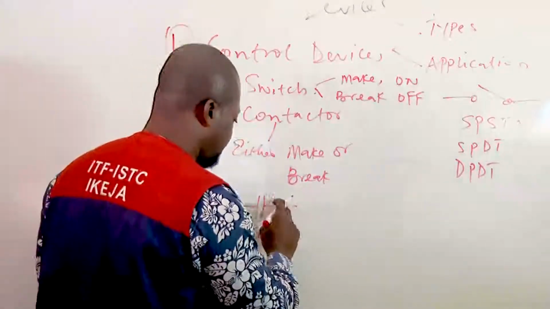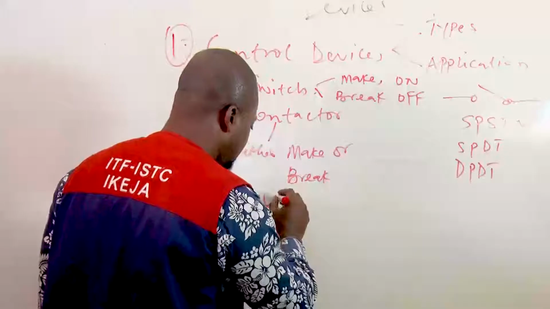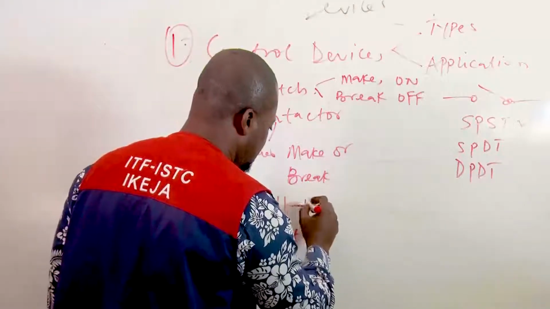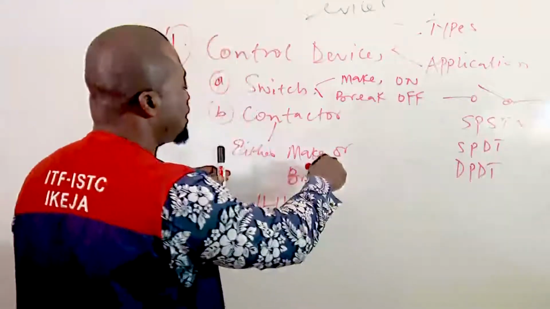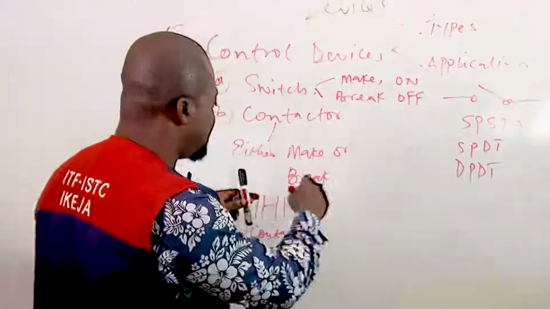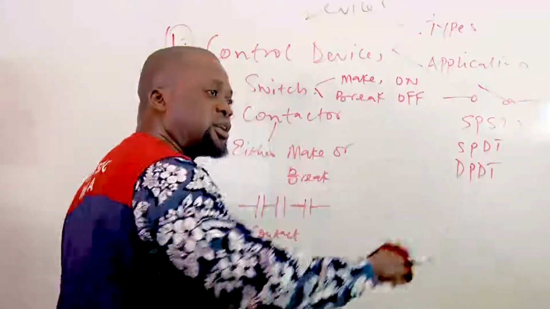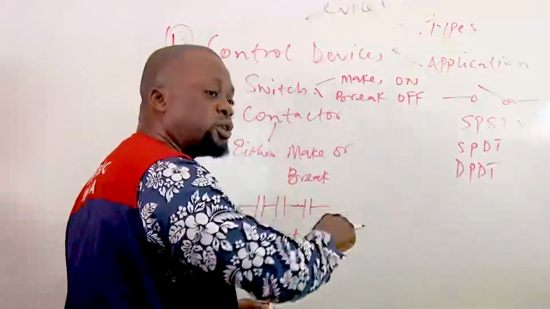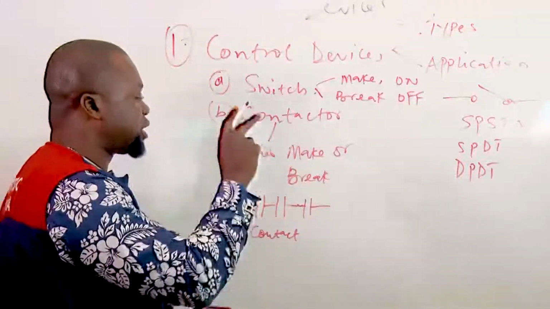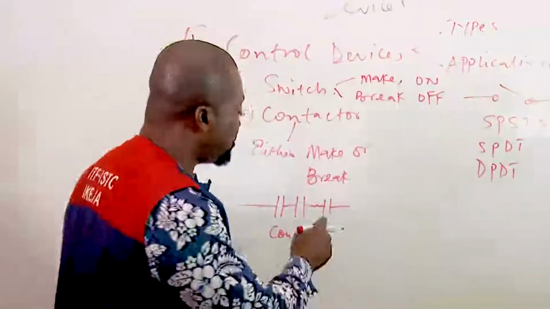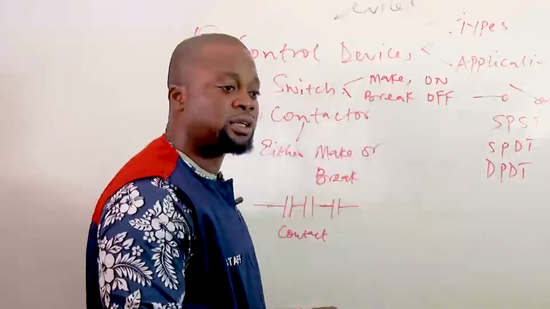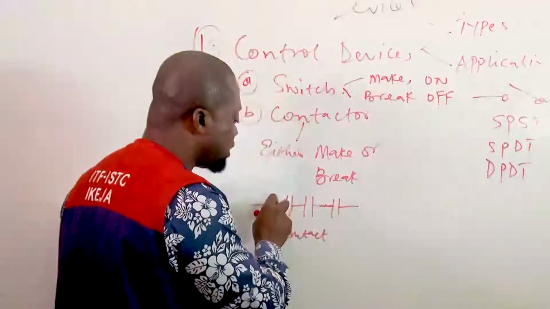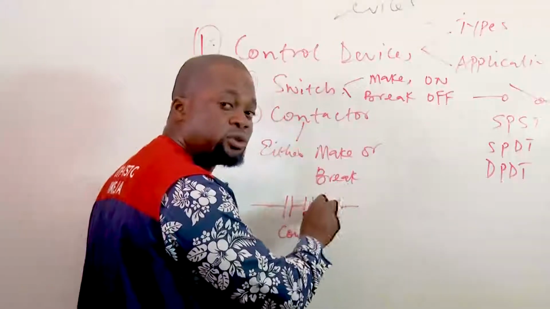Once it is energized, it automatically closes the circuit. That is, it makes the circuit and allows current to flow through. But once it is in a break situation, it automatically opens the circuit. In the case of maybe a fault, it opens, and once it opens, current will not be able to flow.